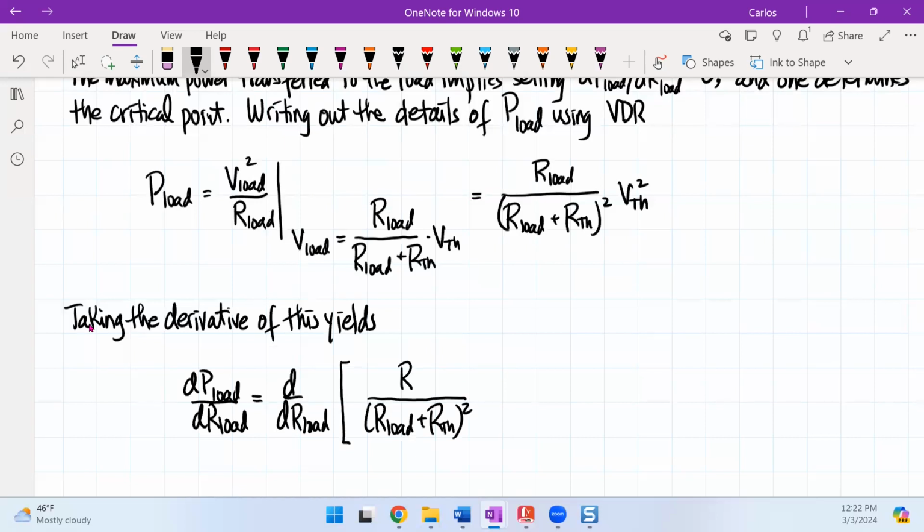And then I have into R load. Now note that there is this VTH squared term, but we don't care about this. This is a constant, and we can divide it out from both sides, and it's this guy that has to be equal to 0.